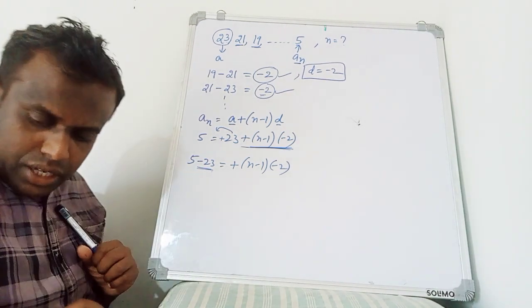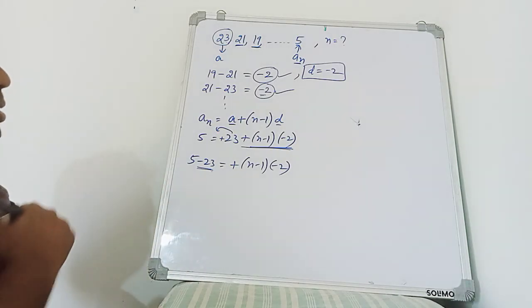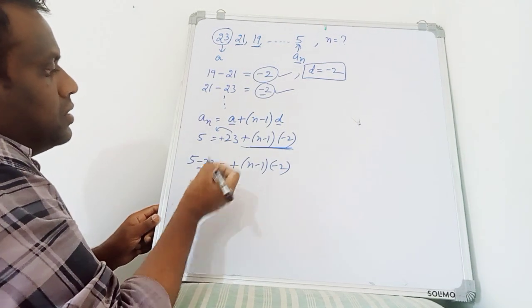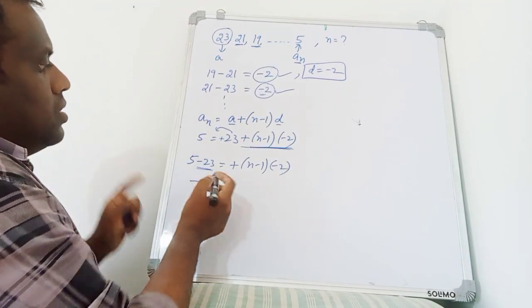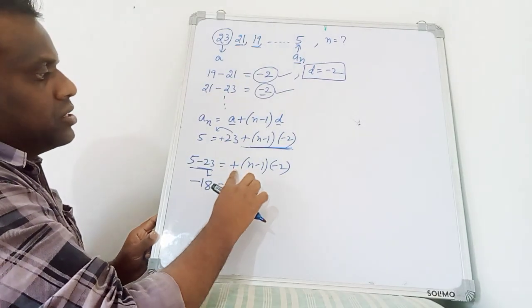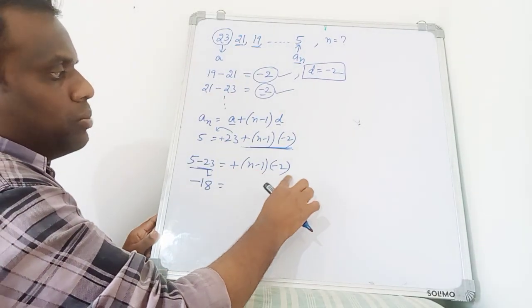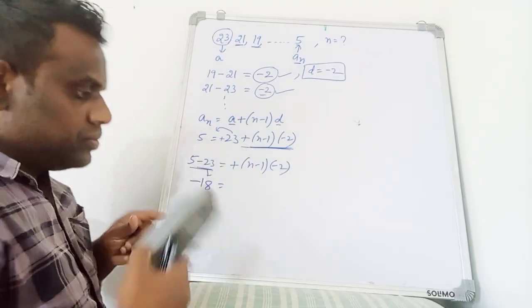Now 5 minus 23, how much? Minus 18, right? So 5 minus 23 is minus 18, is equal to, see here, plus into plus (n minus 1) into minus 2. If you don't write the plus also, no problem.